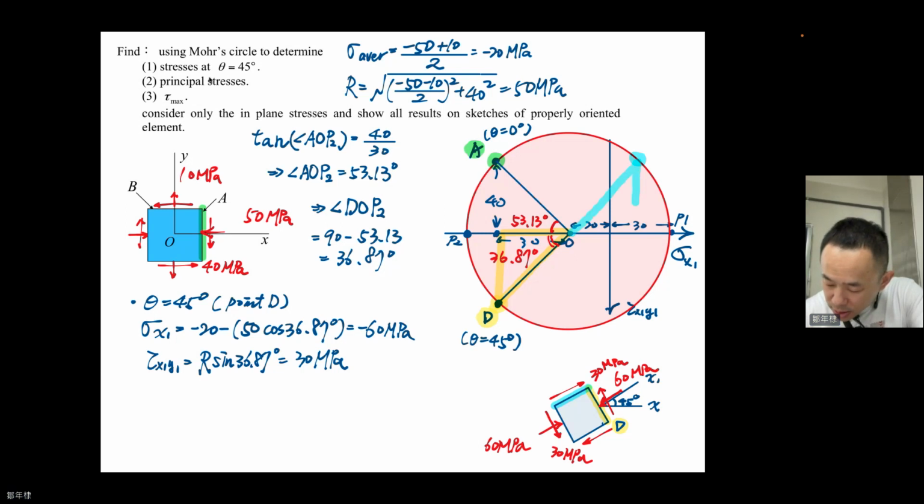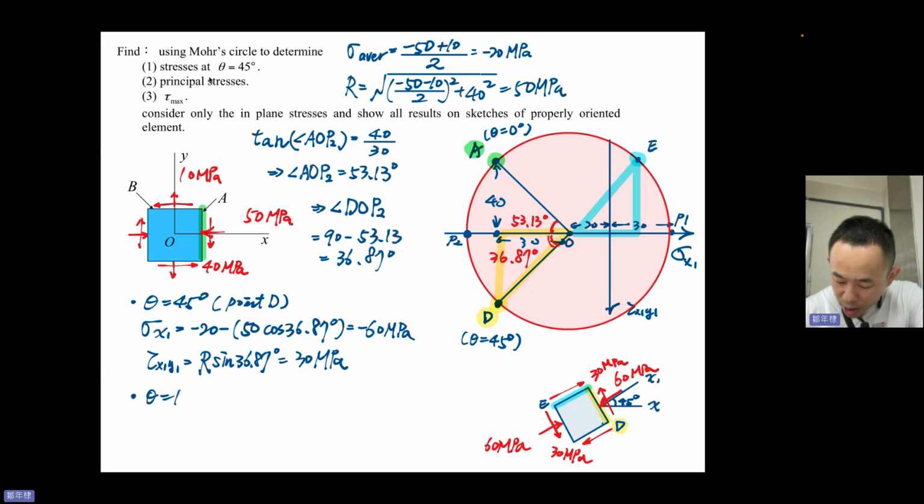So let's say this is E, and this is plane E. And how can we get the sigma x1?